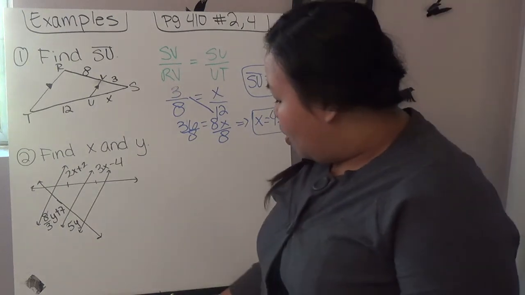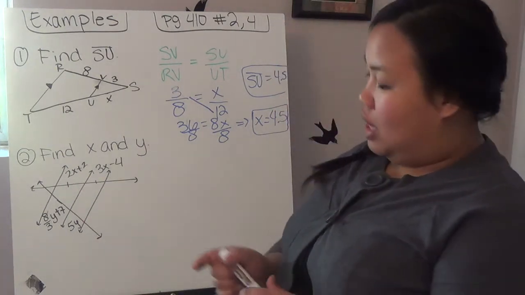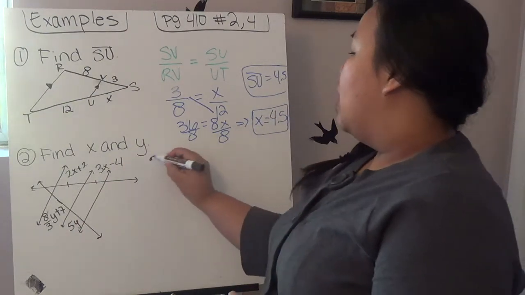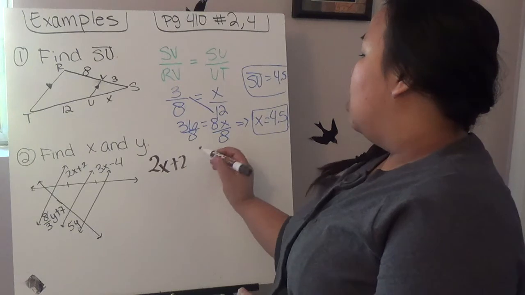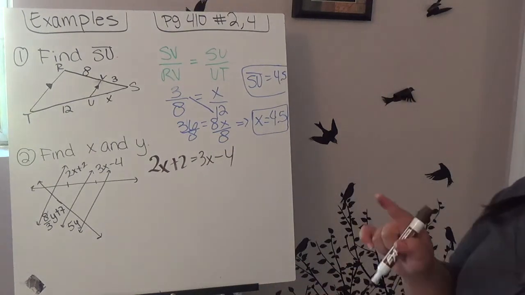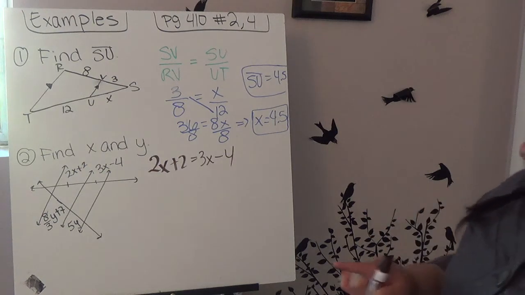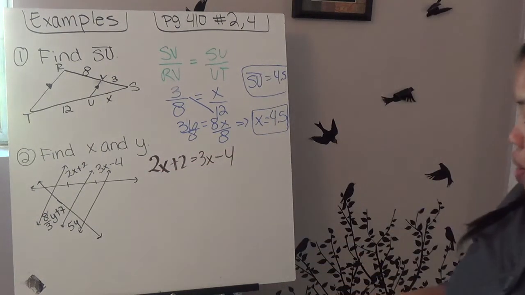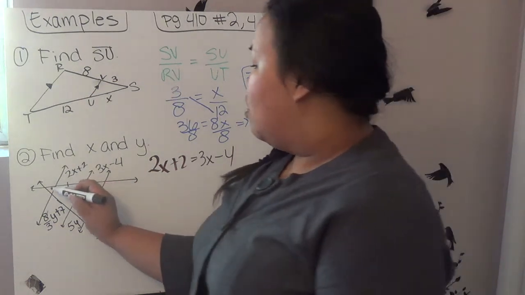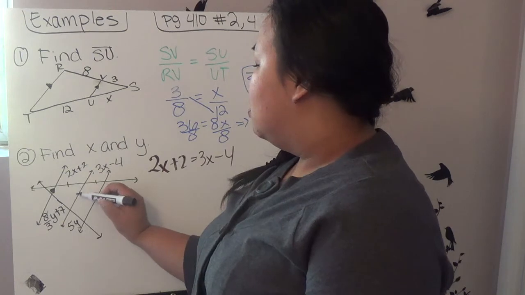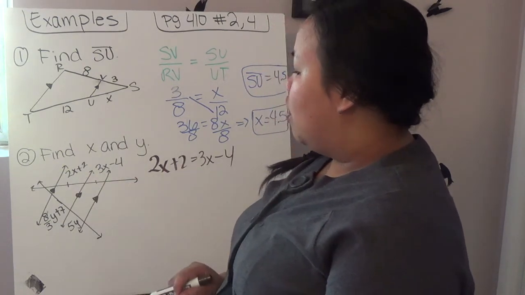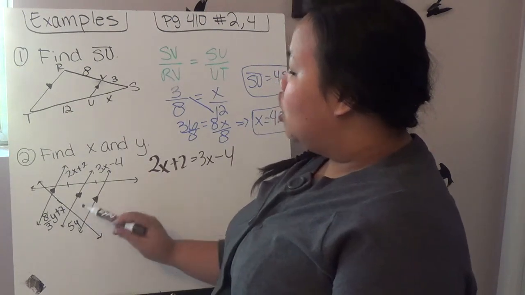It tells me here by these little lines that this is the same as this. So I know for sure that 2x plus 2 equals 3x minus 4. That one I know for sure. But I also know that according to the last corollary we went over, corollary 7.2, if these are parallel to each other, my apologies, they are supposed to be parallel, then this also equals this.